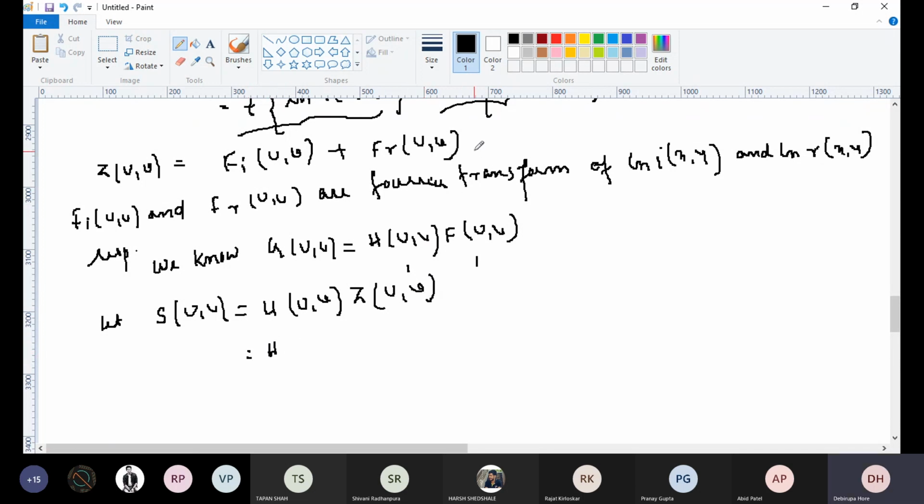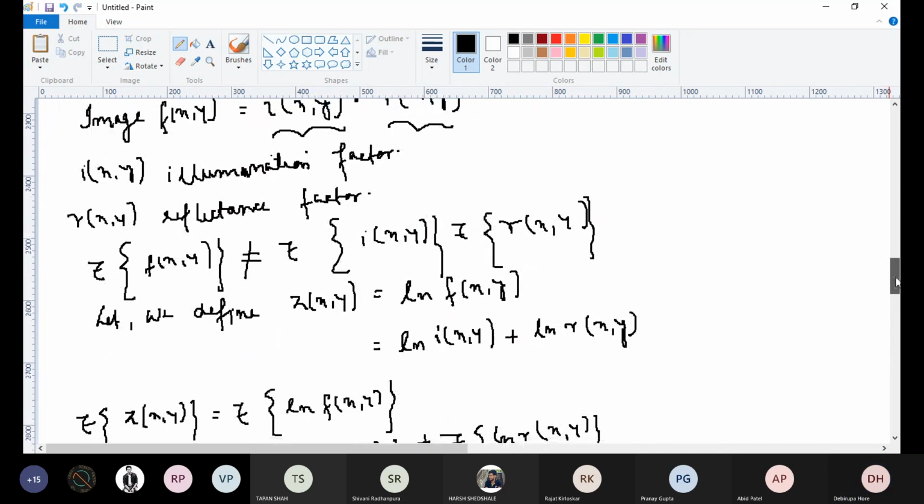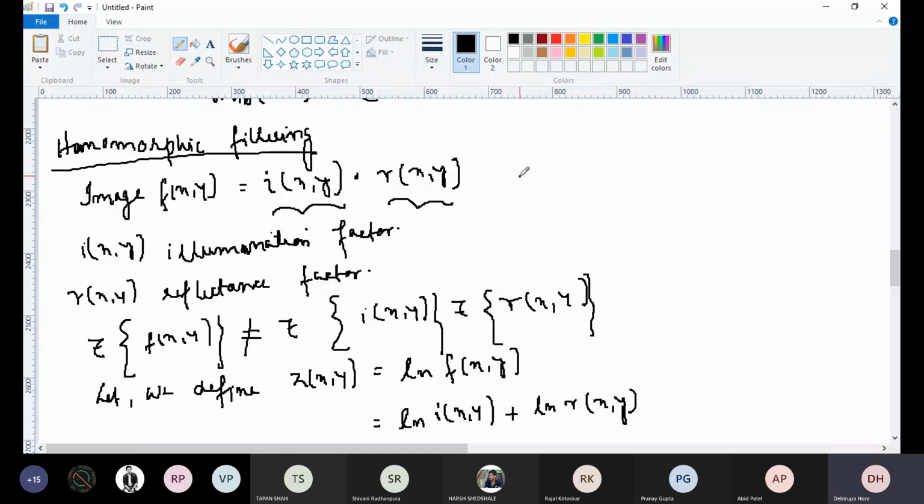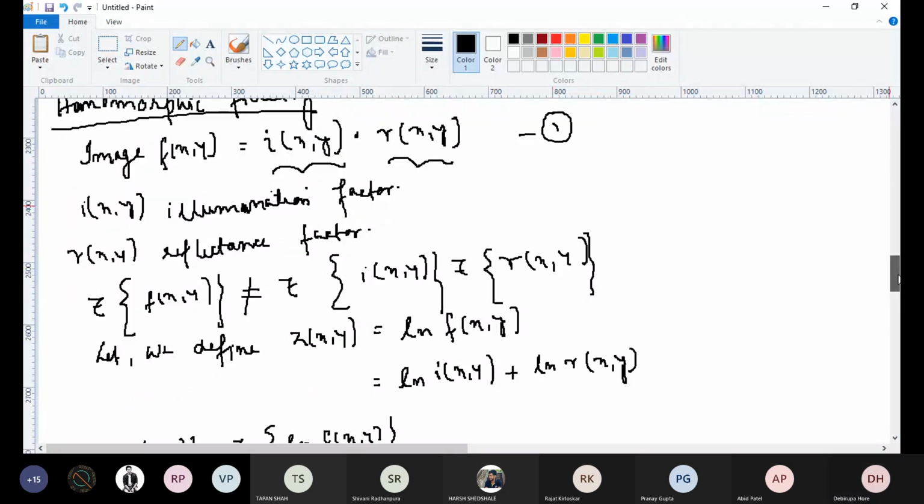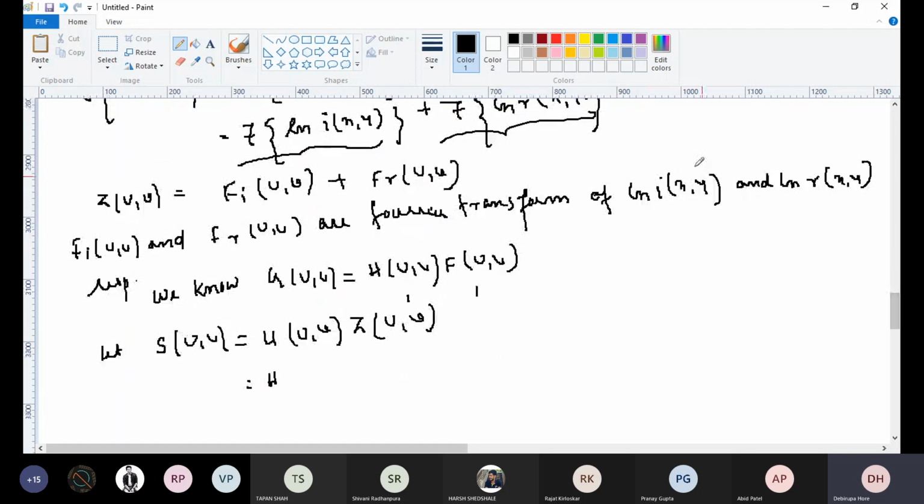From equation number 1 and equation number 2, s of uv is h of uv into F of I uv plus h of uv into F of r uv.